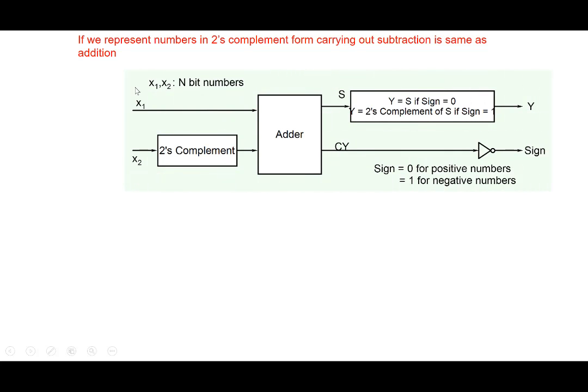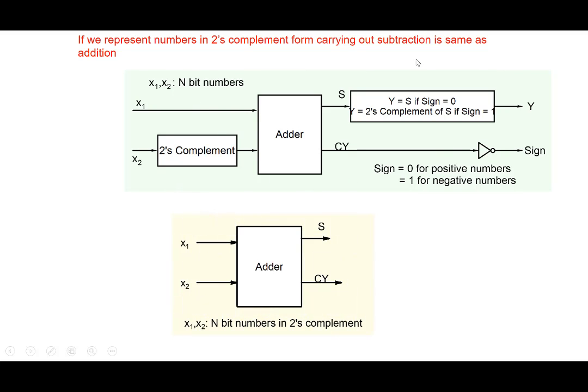So if we represent numbers in twos complement form, carrying out subtraction is same as addition here, right? So a positive number stays as it is. So this whole part that we saw here, that we could do subtraction using an addition, well, if we use a twos complement representation of a number, then for example, if you're doing x1 minus x2, you can take minus x2 as a negative number and represent it in a twos complement form.